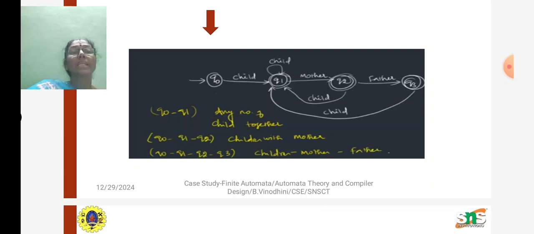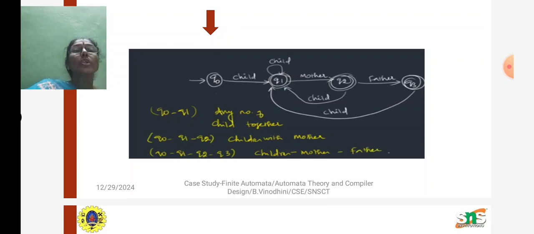This is the pattern that should be designed. First, the starting input is a child. So from Q0, when you read child, it reaches the state Q1. So you have a single child or multiple children, but no empty seat can be accepted.